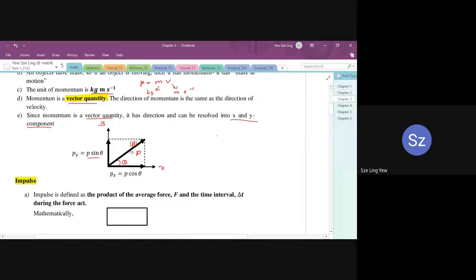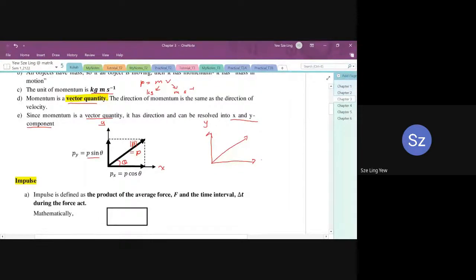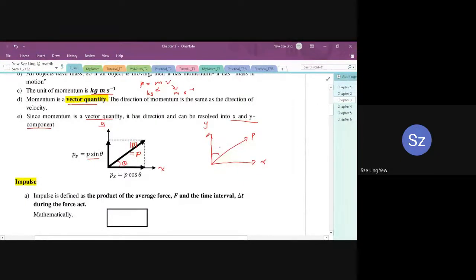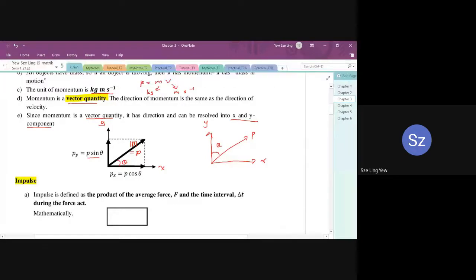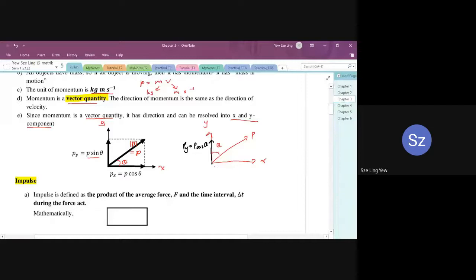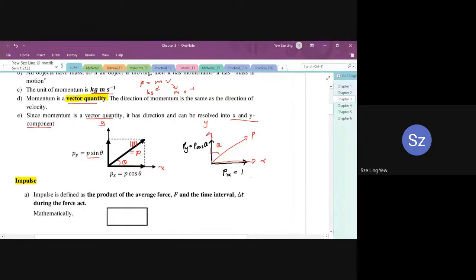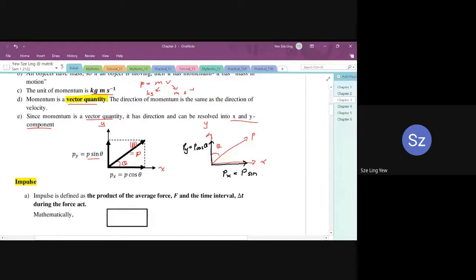Now, of course, if you have an angle beside the y-axis, like what we have been doing in a previous class, this is your y, this is your x, this is P. If the angle is beside the y-axis, then you have to use Py equals P cos theta for the y-axis, whereas for the x-axis, the Px would be equal to P sin theta.